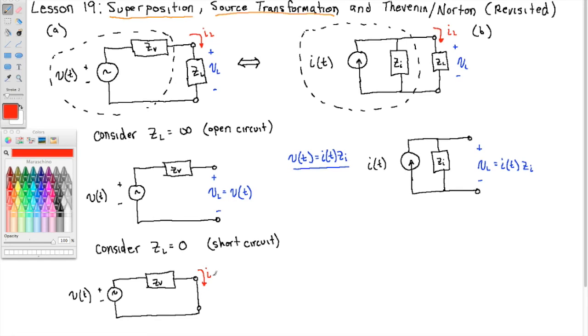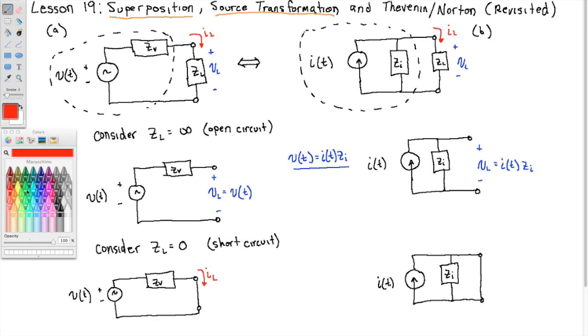Call that IL. Now in picture B, connect the short.